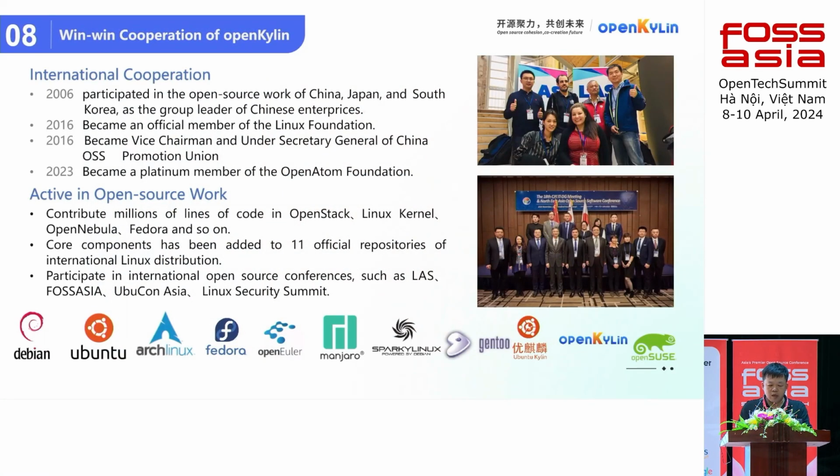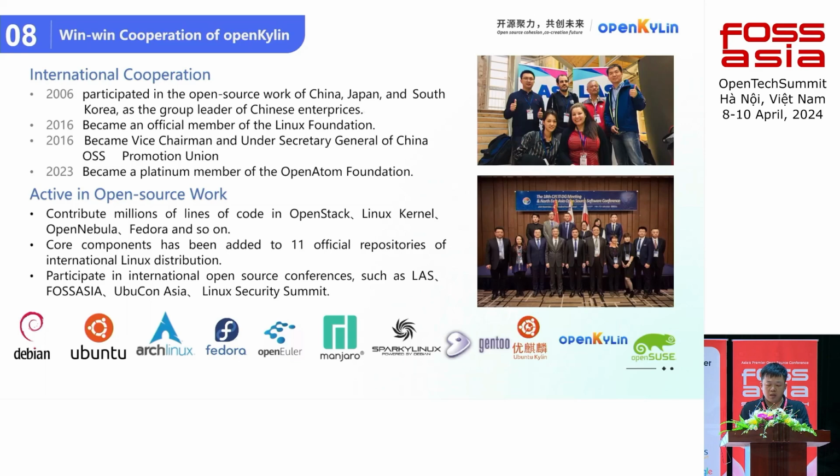Our involvement in international collaboration started in 2006 when we participated in open source efforts in China, Japan, and South Korea as a leader of the Chinese enterprise group. A milestone was reached in 2016 when we became a full member of the Linux Foundation.